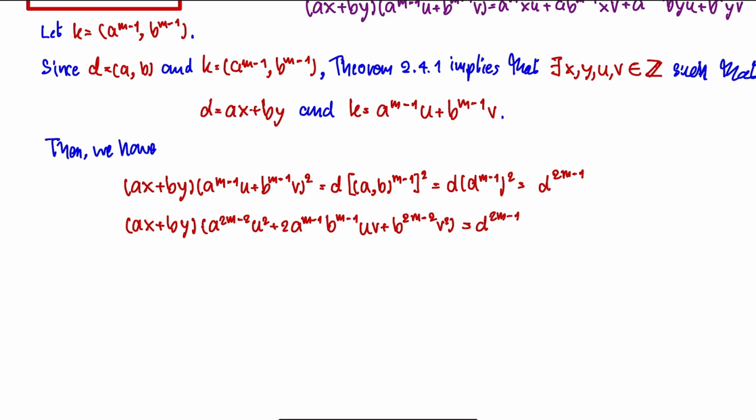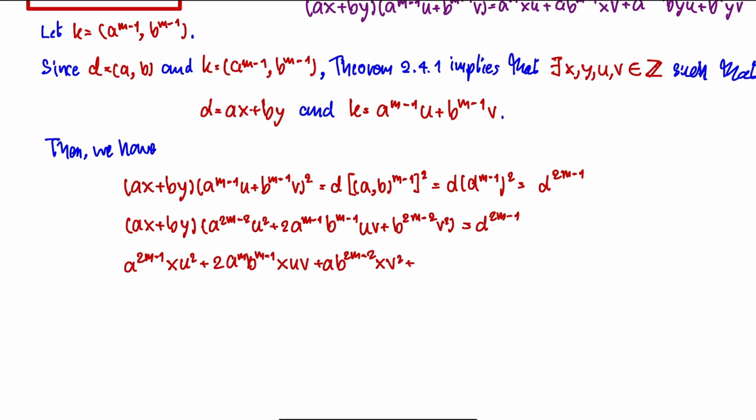Expand this term: we have a to the 2m minus 1 x u square plus 2a to the m b to the m minus 1 x uv, plus a b to the 2m minus 2 x v square.